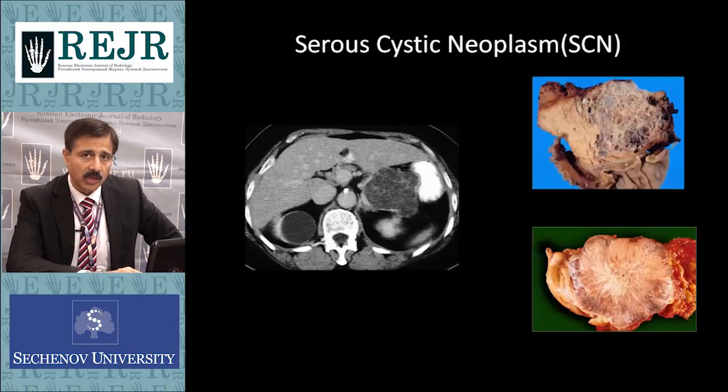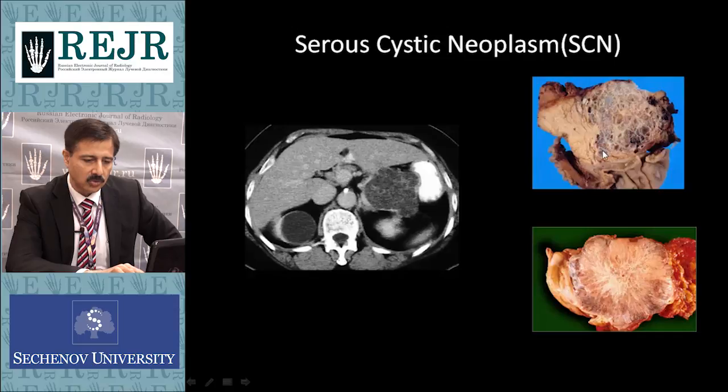Right. So now, after finishing the solid tumors, we come to serous cystic neoplasm. Now, look at this tumor, and this one is made up of many small cysts. So this is a classical serous cystic neoplasm.